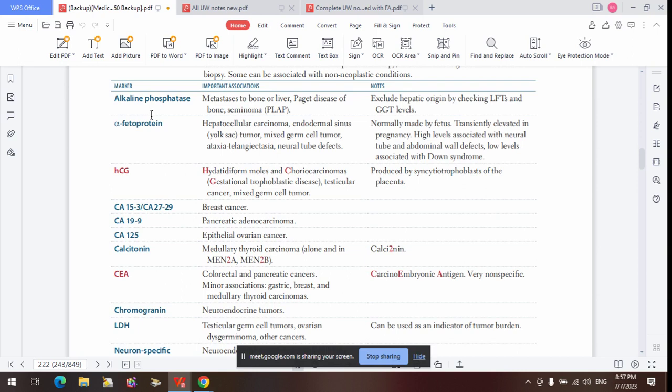Then, because it's also produced in the bone, anybody that has any condition that is causing increased synthesis of bone, either from remodeling or from cancer or anything, will have elevated alkaline phosphatase. And we said that there are some malignancies that are osteoblastic. Once they get to the bone, they will synthesize new bone within that bone that they are attaching to.